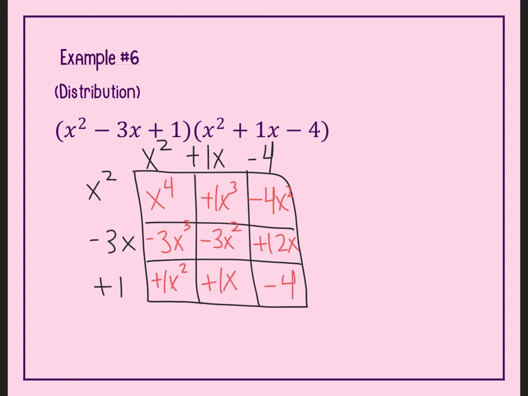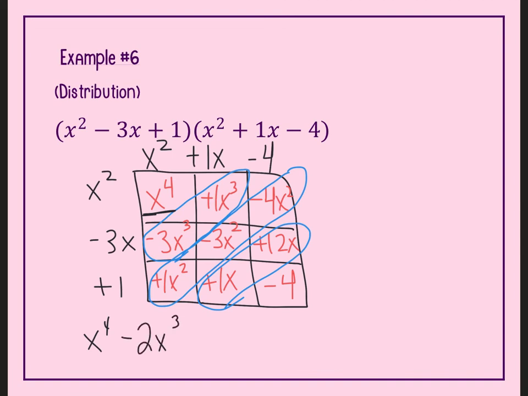Now let's look for like terms. Notice here my x cubes, my x squareds, my x's. So bring down your first term right here. That's x to the 4th. Now we're going to combine negative 3x cubed plus 1x cubed, which is negative 2x cubed.